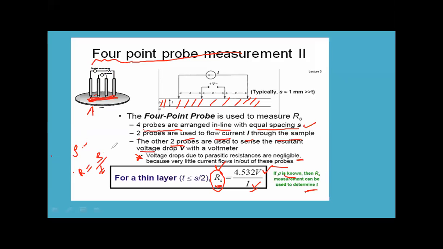Rho is the specific resistivity of the material which is given. T is measured, so you can easily find T with the help of a screw gauge. So we can know T, and we can also measure the resistance.